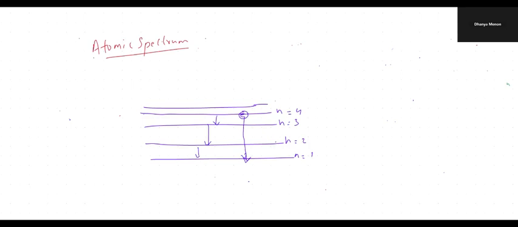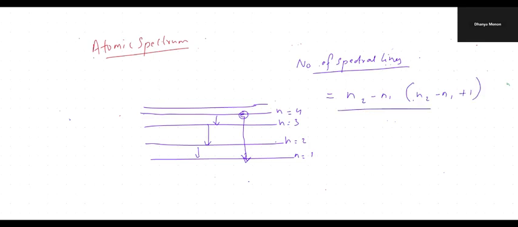We can determine the number of spectral lines by the following formula, which is very helpful: (N2 minus N1)(N2 minus N1 plus 1) by 2. This is just a shortcut formula, please remember, to check the number of spectral lines.